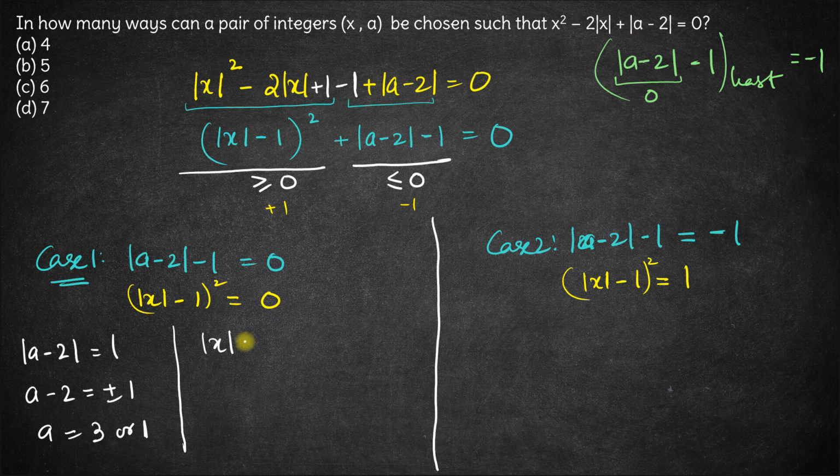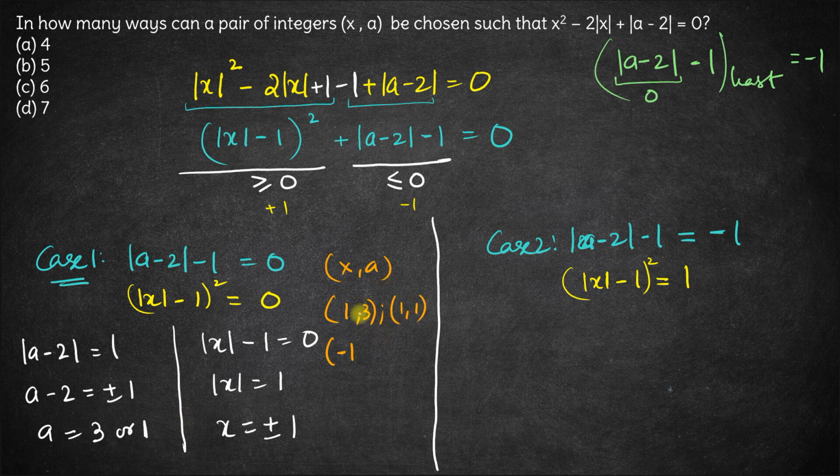That means mod of x is equal to 1, so x can be either plus 1 or minus 1.